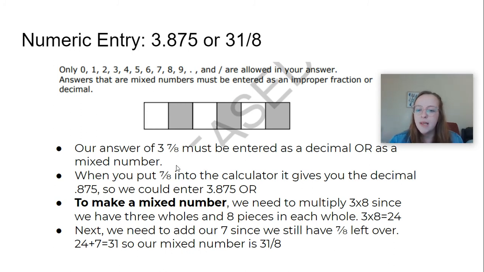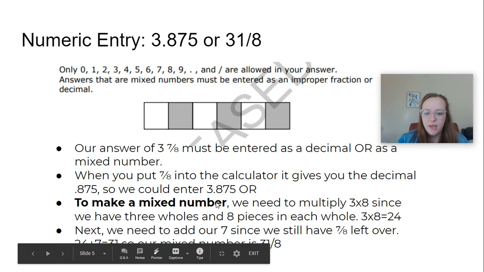So one way to fix that is just to put 7/8 into your calculator, and it gives you the decimal 875 thousandths, or 0.875. So you could enter 3.875, one in each box, or you could make your 3 and 7/8 into an improper fraction.